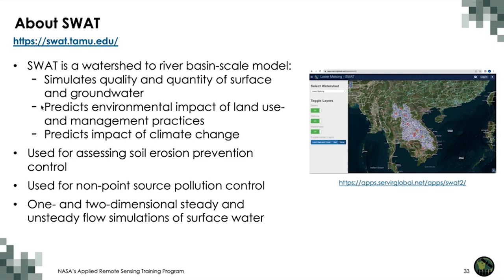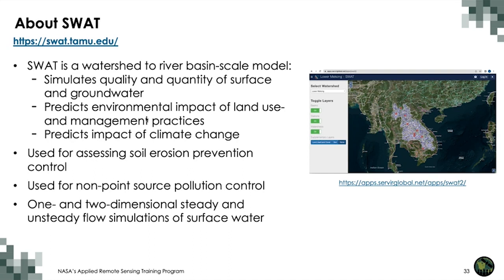It simulates quality and quantity of surface and groundwater. It predicts environmental impacts of land use and management practices and predicts the impact of climate change. SWAT is used for assessing soil erosion prevention and control, and for non-point source pollution control, and 1 and 2 dimensional steady and unsteady flow simulations of surface water can be done with it, which is used for mapping floods.